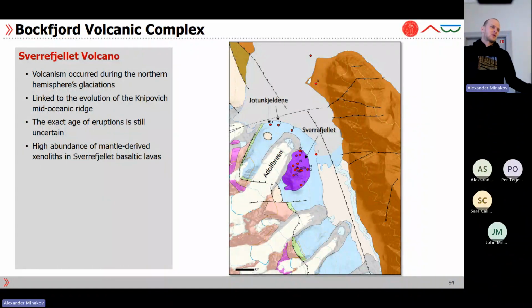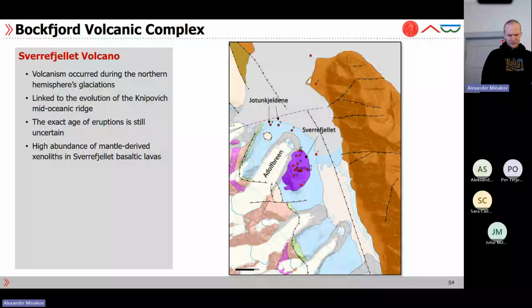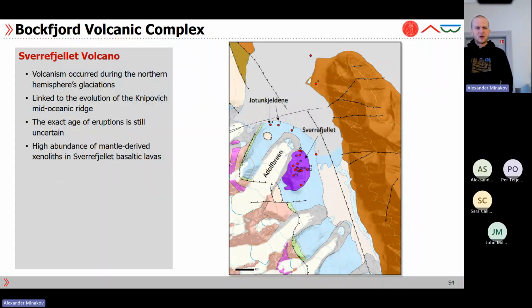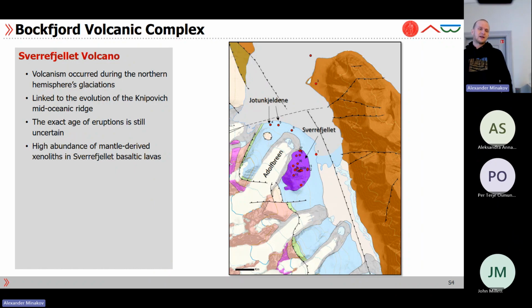For instance, based on argon-argon dating, we have an eruption age of about 1 million years, which was published by Treyman in 2012. But dating of the terraces actually suggested a very young age of the volcanics, which is like Holocene. So we still don't know, but for sure we know that volcanism occurred during the quaternary northern hemisphere glaciations.